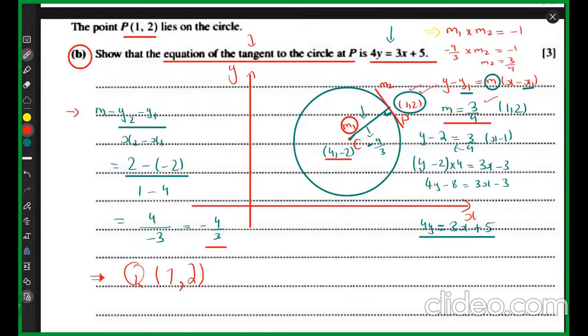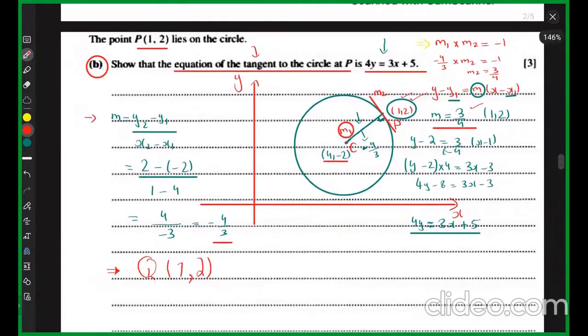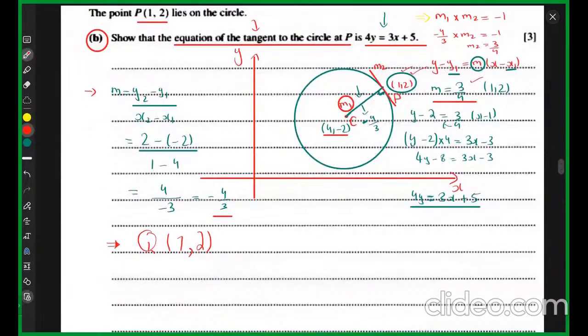Okay, all right. So let's see what exactly we are going to get. Now, again, we have the point. We need to find out the gradient for that. I will use the center 4, minus 2 and 7, 2 in order to find out the gradient of the perpendicular line.